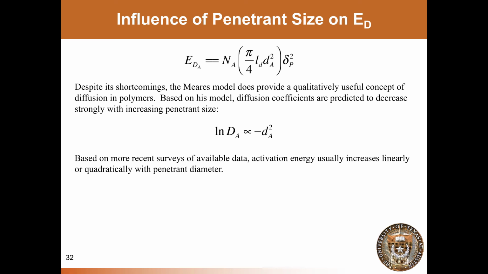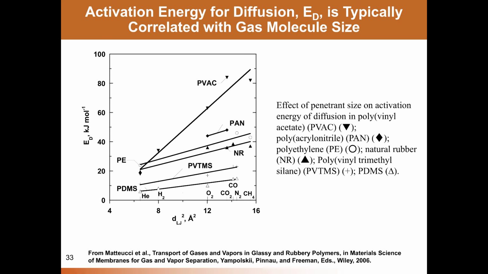And so what you'll find in many cases in the literature are correlations either where the log of the diffusion coefficient goes down steeply with some measure of the penetrant size or penetrant size squared, or activation energy data are plotted versus some measure of the square of the penetrant size.